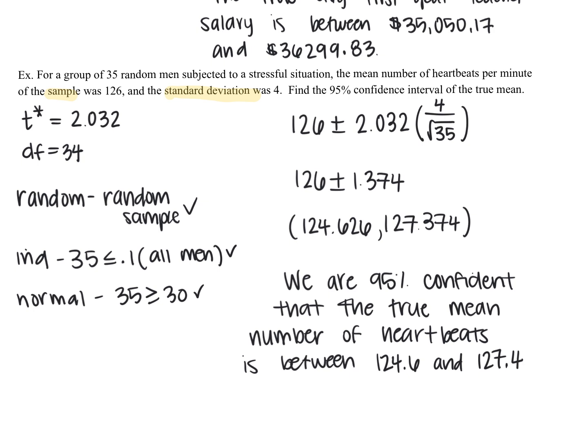In this case, you can round to one decimal place for our sentence, and the units here would be heartbeats per minute.